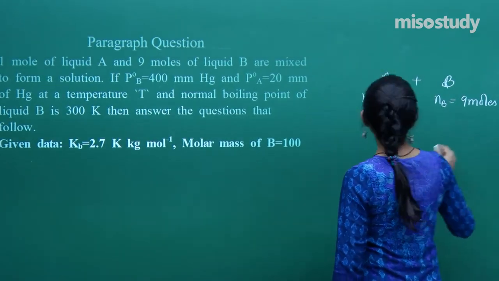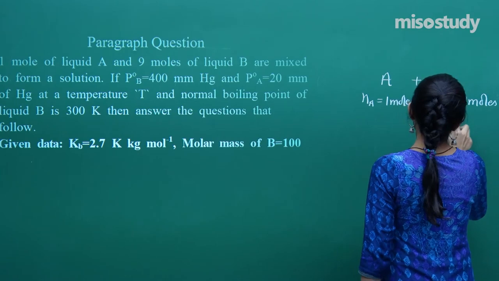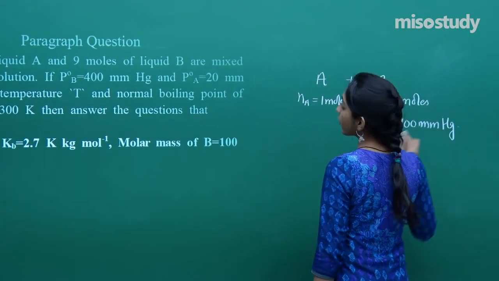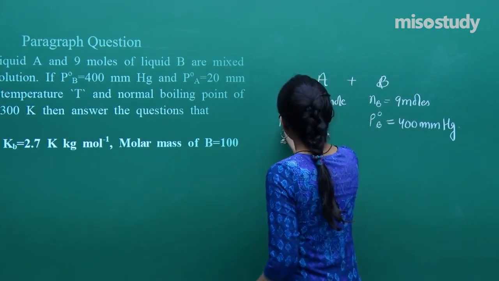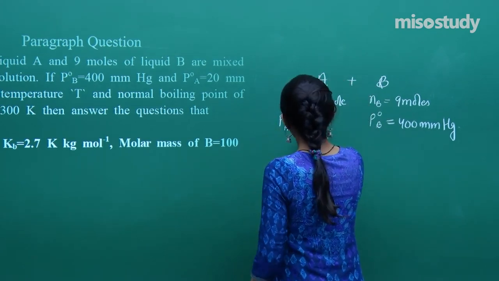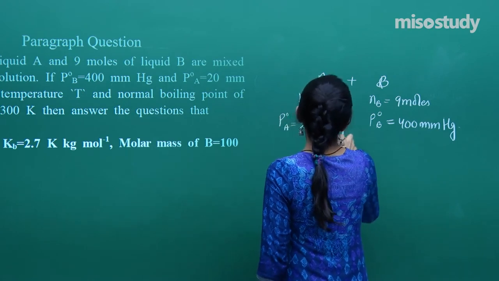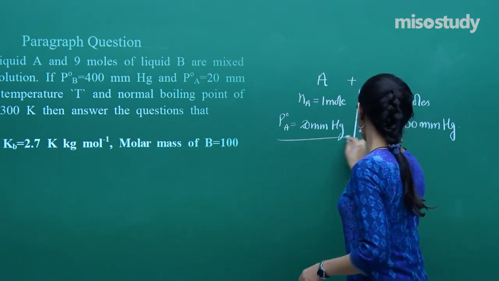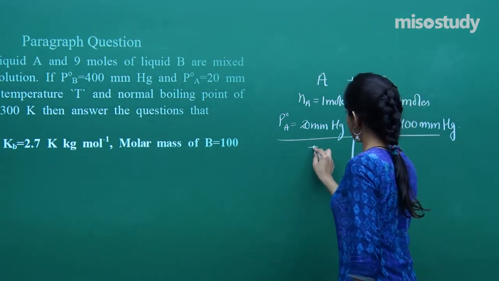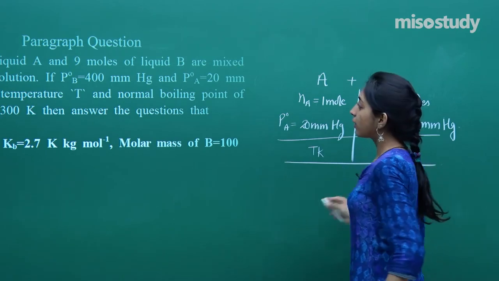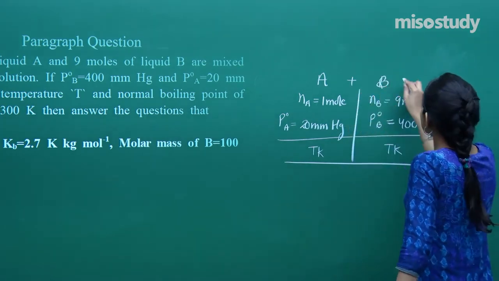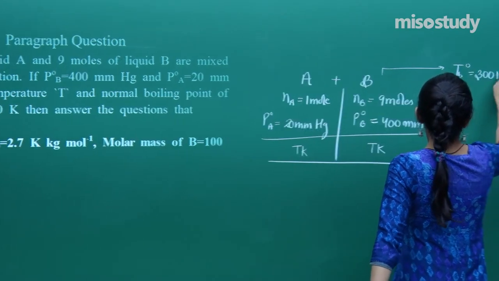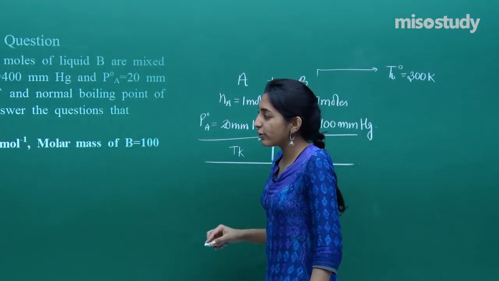P naught B is given to me as 400 mm of Hg and P naught A is given to me as 20 mm of Hg at a temperature T. The normal boiling point of B is 300 Kelvin. So TB naught is 300 Kelvin. Then answer the question that follows.